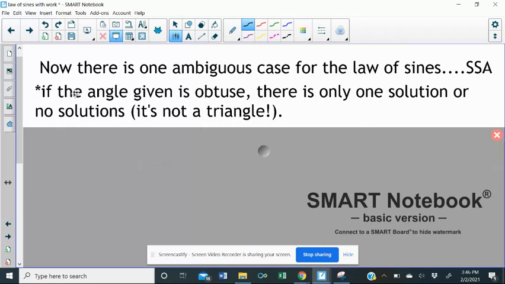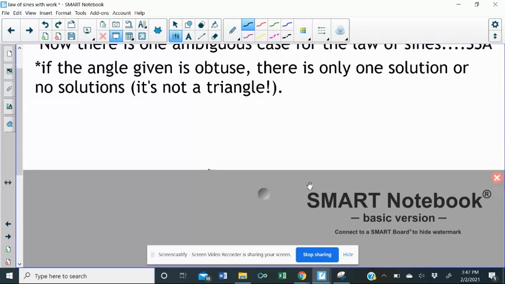Obviously, for law of sines, you have to have an angle and a matching side. If the angle given to you is obtuse, you're either going to have a triangle or you're not. So you're going to have a solution or no solution because it actually is a triangle.